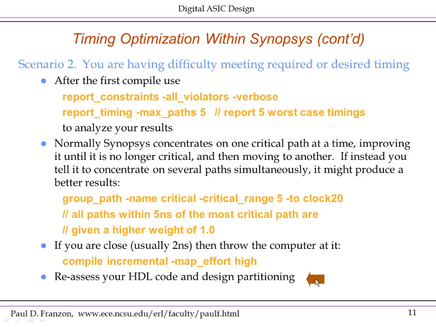And finally, I do remind you, to a very large extent, your design, your code, determines the speed of the design. If you've done something ugly in your design capture that's created a bad critical path or a bad set of critical paths, no manner of tool massaging will fix it for you. You might have to go back and redesign it.